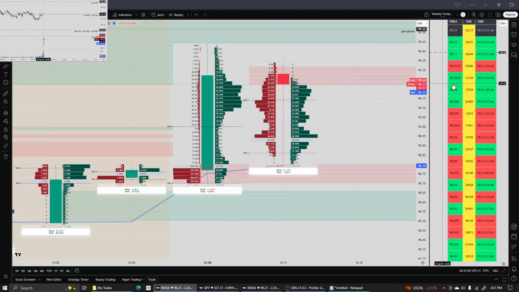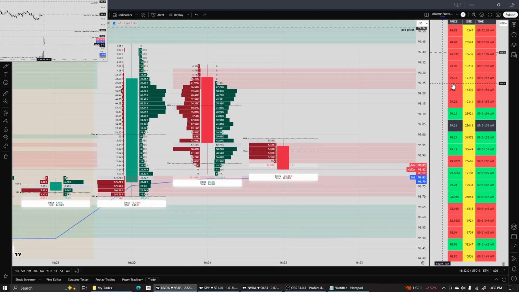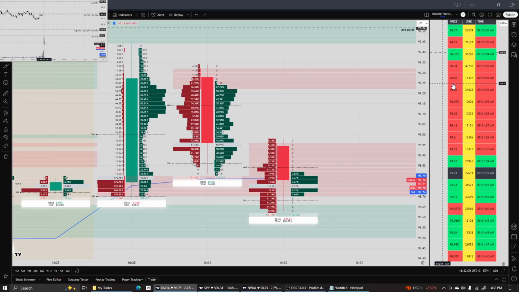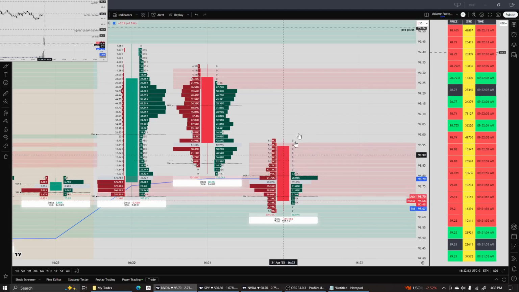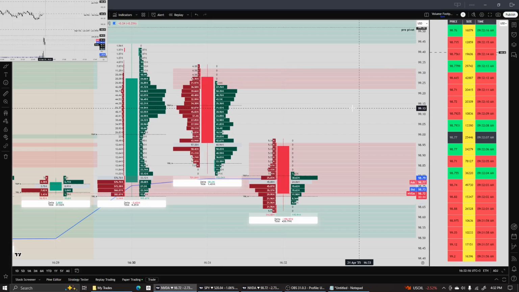Okay, held above the VWAP. Very surprising. A lot of volume. Exhaustion of buyers. Very clear exhaustion of buyers. So I think I should be entering here.